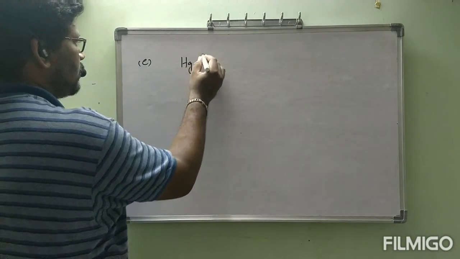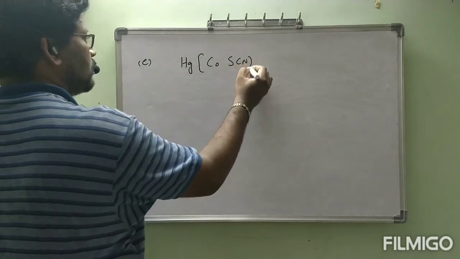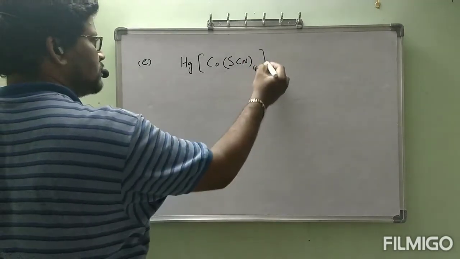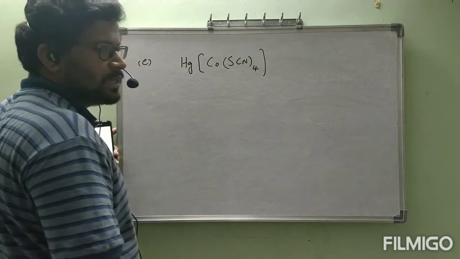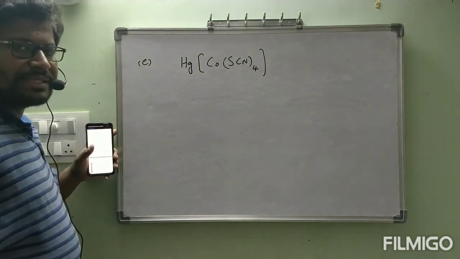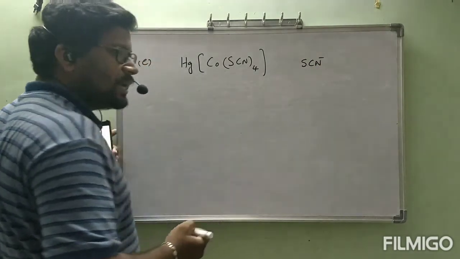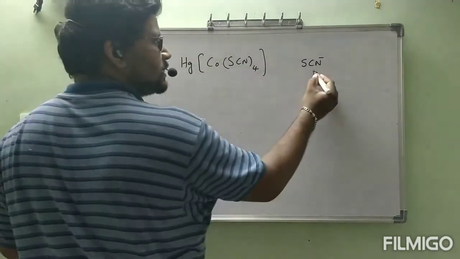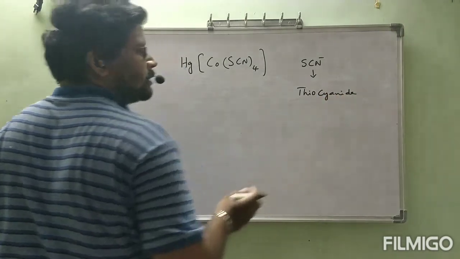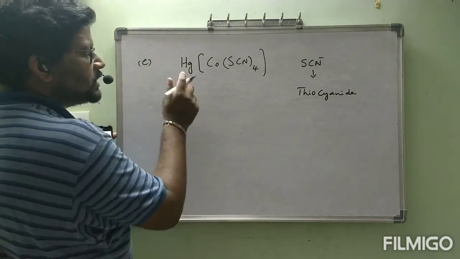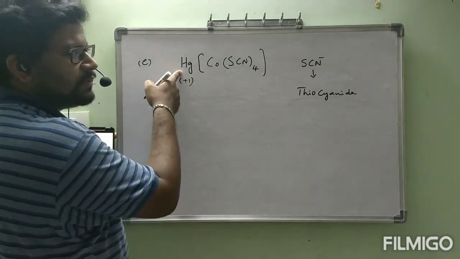Hg[Co(SCN)4]. SCN minus, what is that? Thiocyanide. The charge is -1. Mercury's general, stable oxidation number is +1, so outside it is behaving like a counter ion.